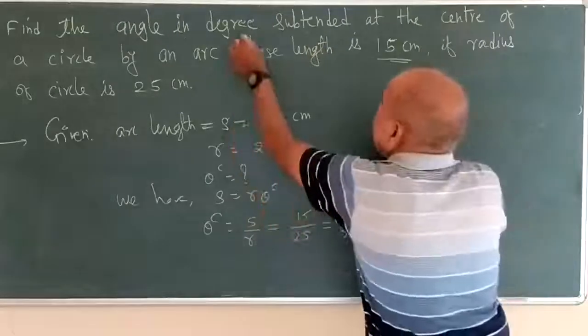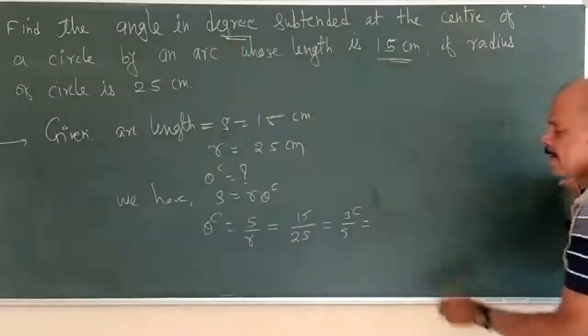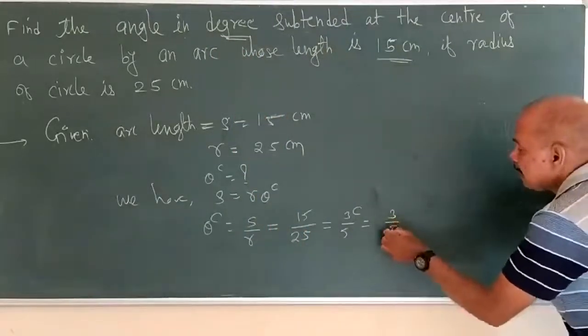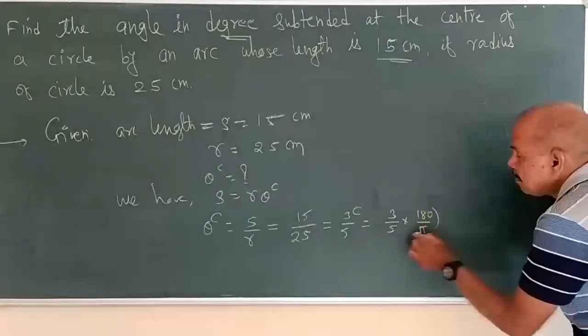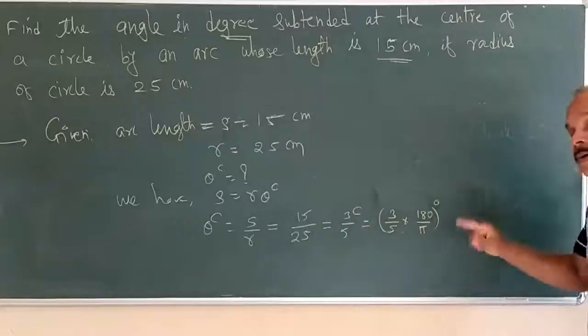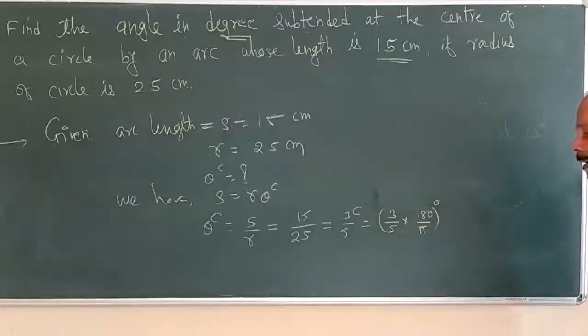What is asked in the question? It is asked in degrees. Then what do we do? 3 upon 5 into 180 upon pi, because we convert it into degrees, multiply by 180 upon pi.